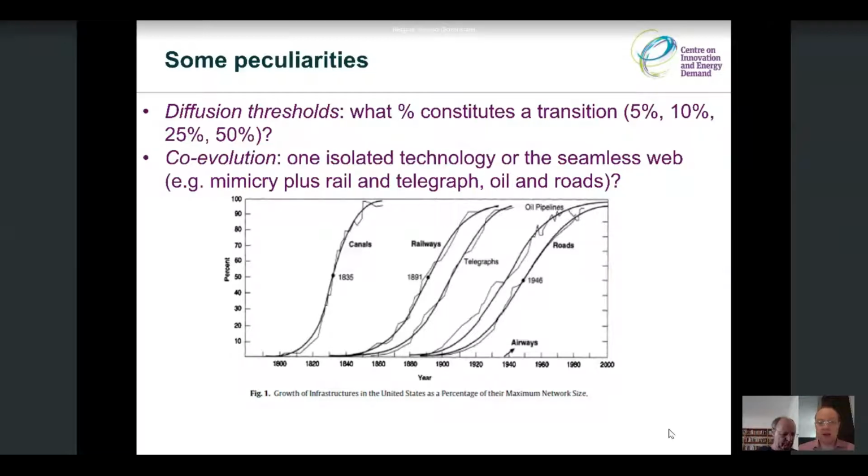And yet, oftentimes, technologies co-evolve or they can mimic each other. And to give you two fascinating examples, early battery electric vehicles in the 1900s and internal combustion cars in the 1900s stole innovation dynamics from each other.